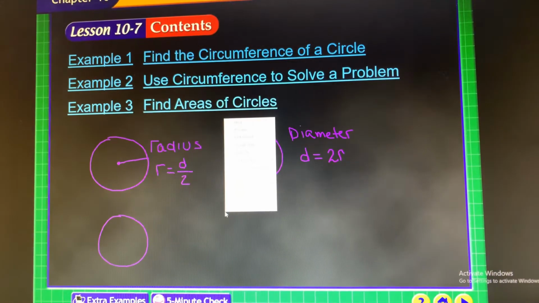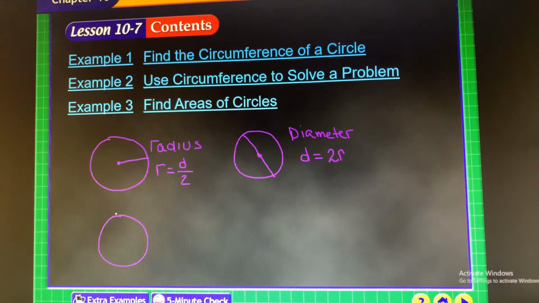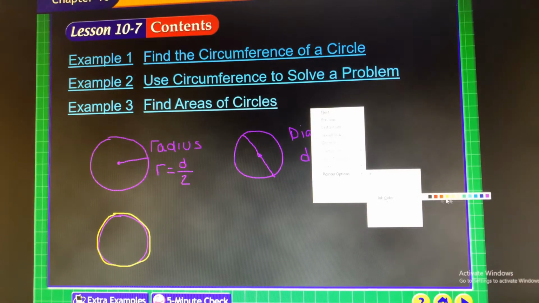So when I'm finding circumference of a circle, I have my circle. Circumference of the circle is kind of like perimeter is to a polygon. So circumference of the circle is the outer edge of the circle. Distance around the circle is what we say. Whereas area represents the inside part of the circle.